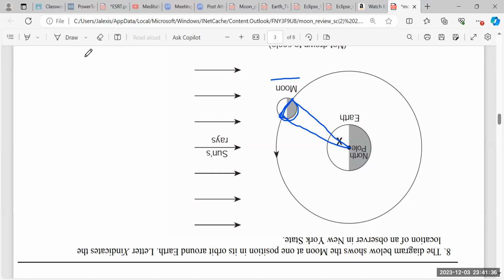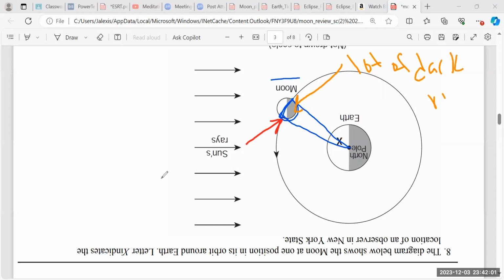So let's draw what we would see. Let me change the color. I see a little bit of white on the left, and I see a lot of dark on the right.